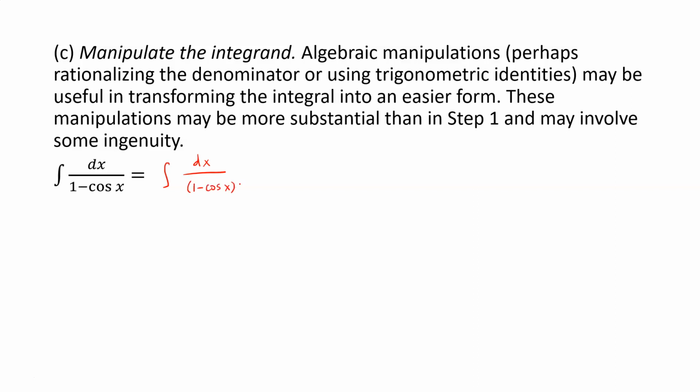If I think of this as something that can be multiplied by 1 plus cosine x, well, let's see how that would transform it if I multiply 1 plus cosine x over 1 plus cosine x here, so we're not actually changing the value. Then I have the integral of 1 plus cosine x in the numerator, and then this becomes, when I multiply this out, 1 minus cosine squared.